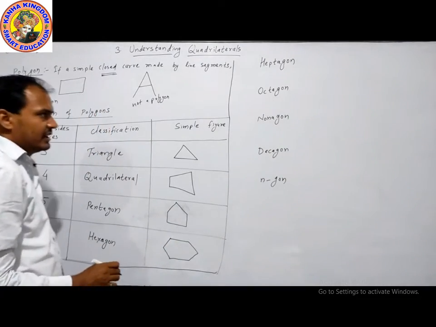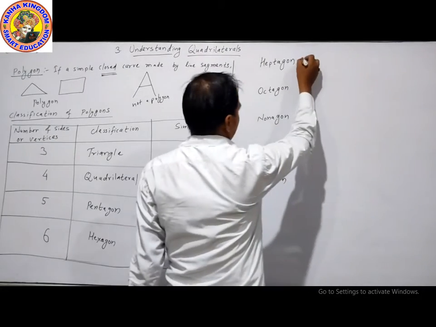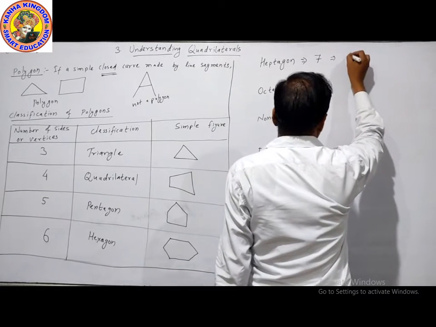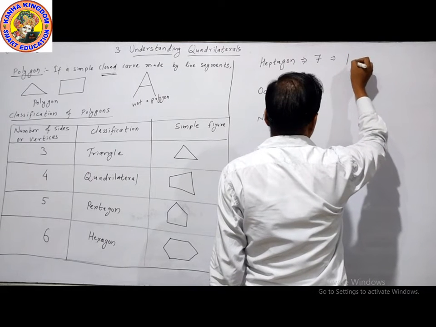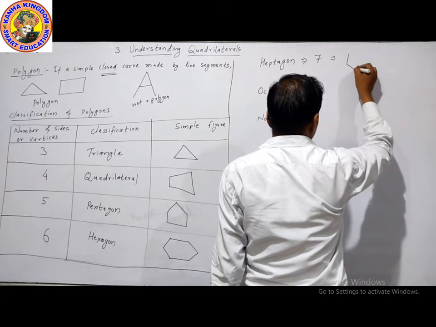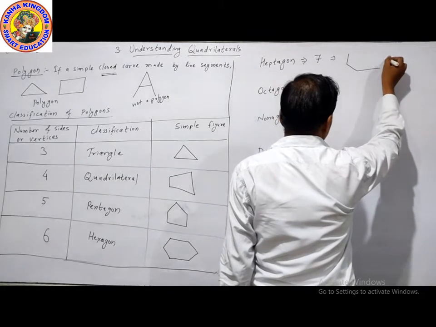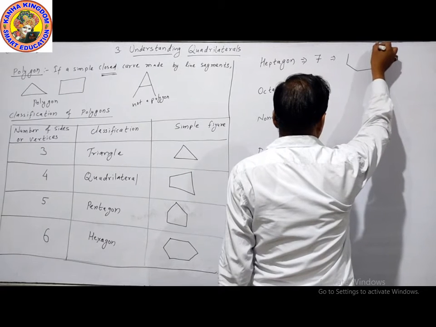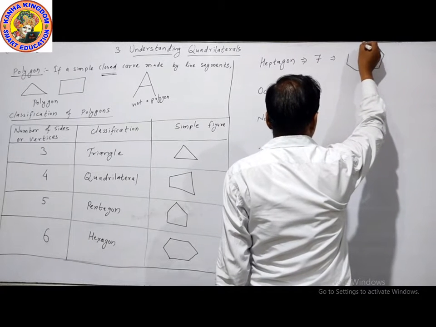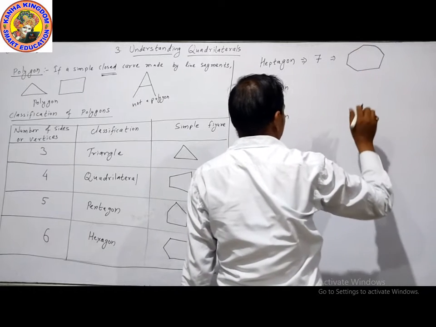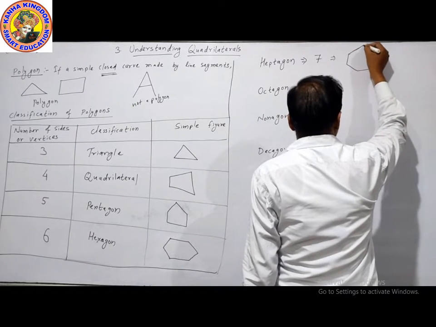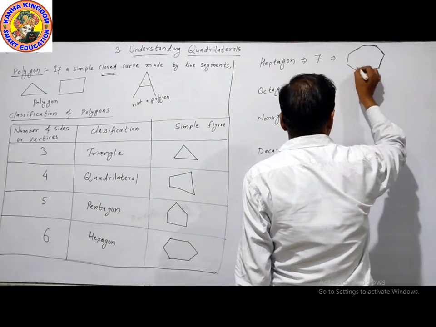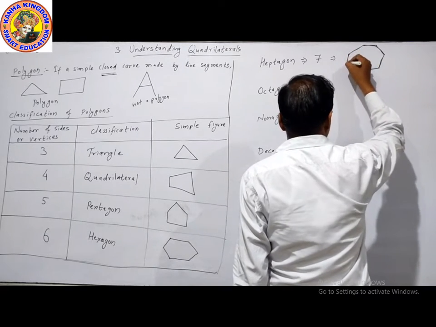There are 6 sides. Next is heptagon. Heptagon having 7 sides. In this diagram we made by 7 sides. 1, 2, 3, 4, 5, then 6 and 7.